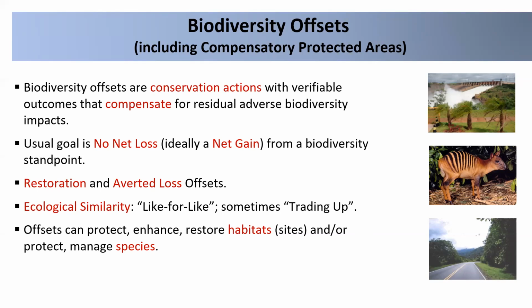So if you have a project, this project will definitely have a certain type of impact. And if it's in some kind of natural habitat, it will have an impact on biodiversity. So when we talk about offset, we mean what is left, the impact that cannot be tackled. How do we compensate for this impact? The usual goal with the project is so-called no net loss, or a net gain.